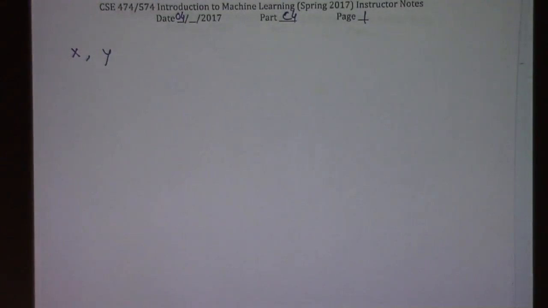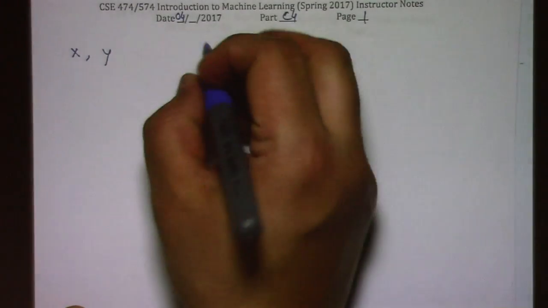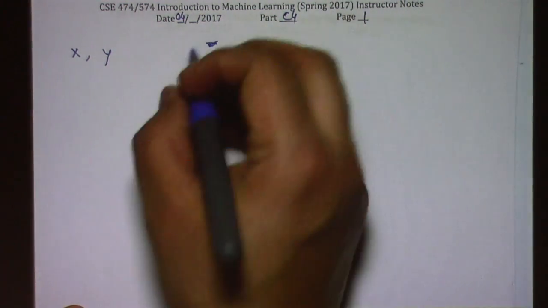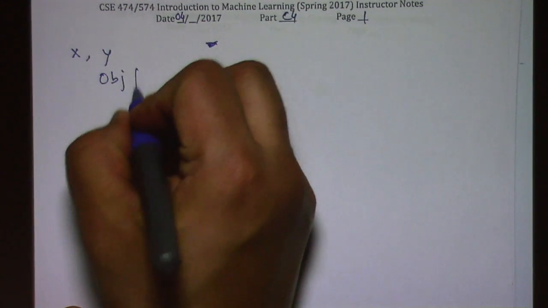So let's say we have only one training data point, which is X, and then we have the corresponding ground truth or label, which is Y. What we want to minimize is, let's say our objective function is this 0-1 loss, and for now let's ignore the regularizer part.